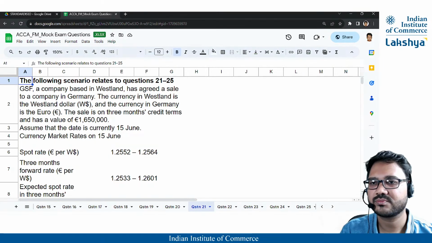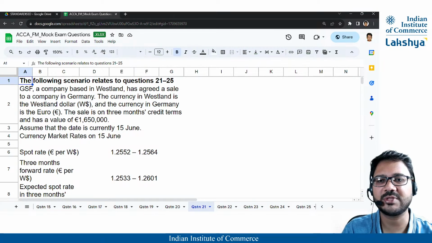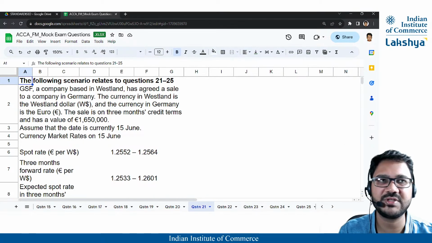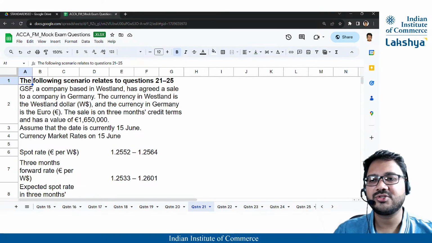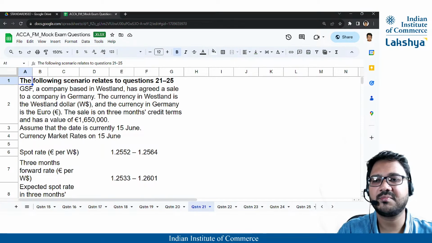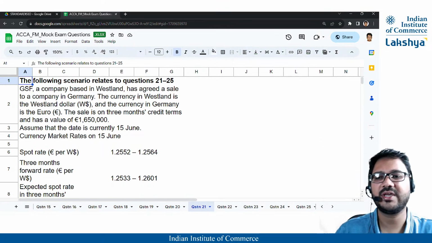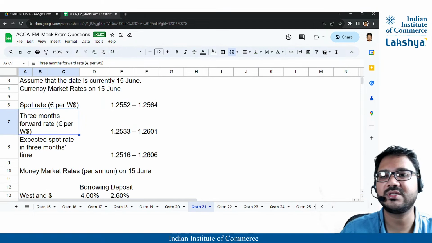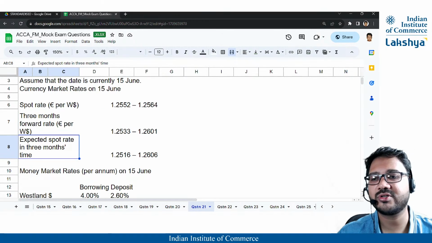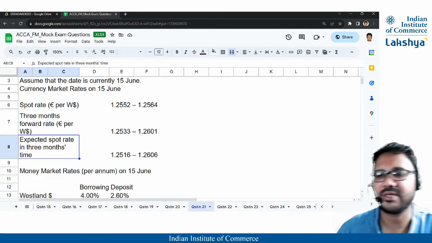The sale is on a 3 month credit period and has a value of 650 euros. Assume that the date is currently 15th of June. Currency market rates on 15 June are as follows. They have given us a spot rate, a 3 month forward rate, and an expected spot rate in 3 months time.